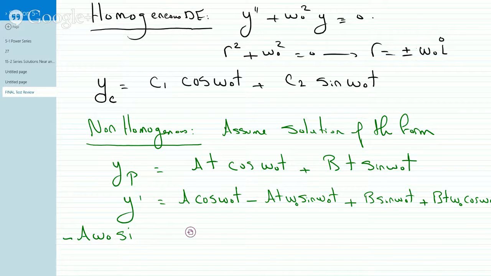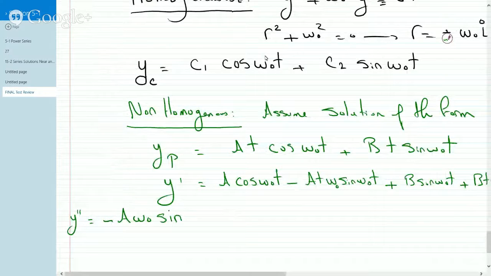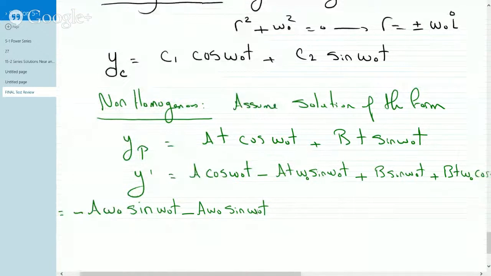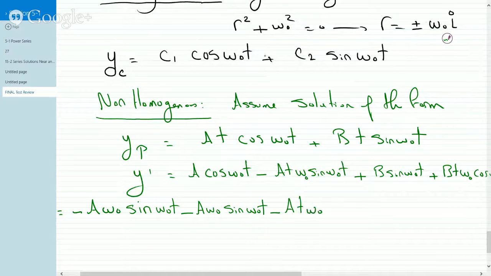Okay, so second derivative, so minus a omega 0 sine omega 0 t. Product rule on the second one, so minus a omega 0. Derivative of t is 1, so this stays sine omega 0 t, minus a t omega 0. Derivative of sine omega 0 t is cosine omega 0 t. Chain rule on the inside times omega 0, so this becomes omega 0 squared.